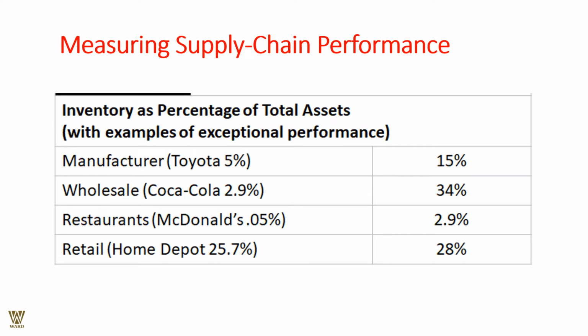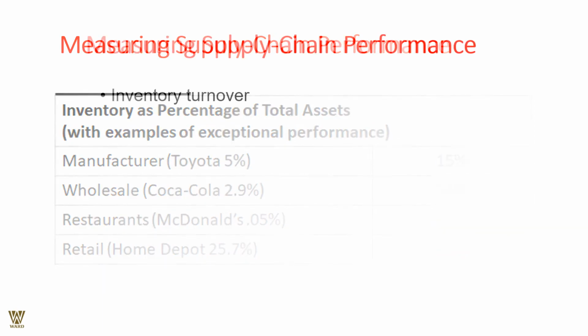They don't keep much in inventory, definitely. For retail, Home Depot is around 28 percent, but in this case it is 25.77 percent, as the retail business is all about it.